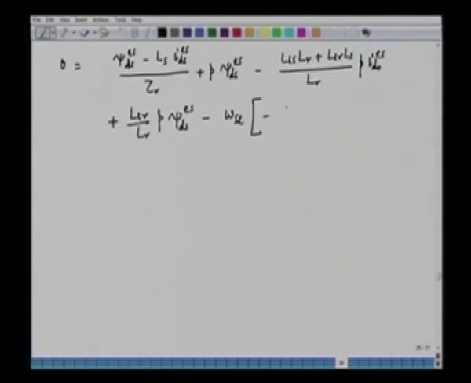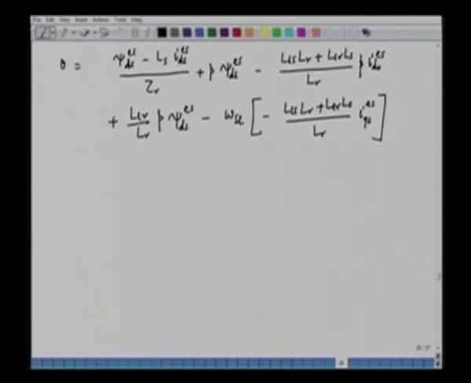So we have minus of (Lm Ls Lr plus Lr Ls) by Lr into IQS^s.